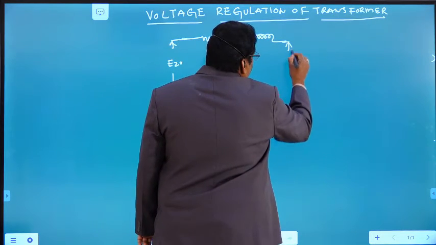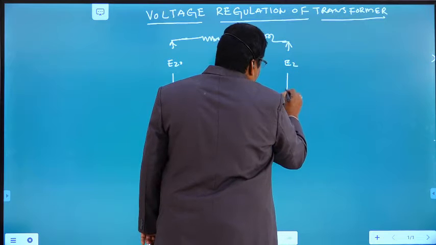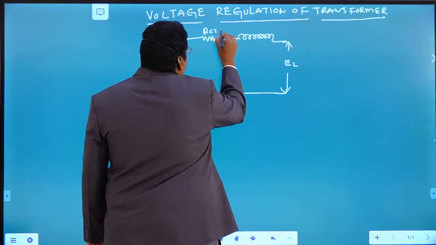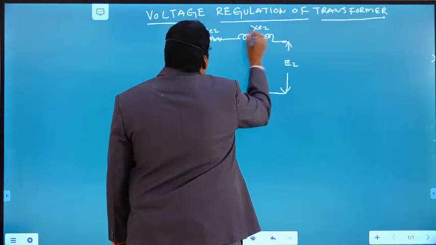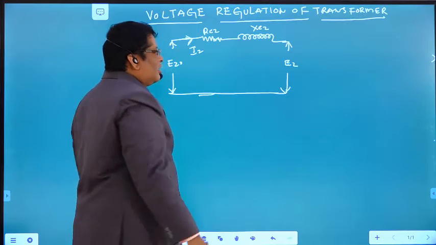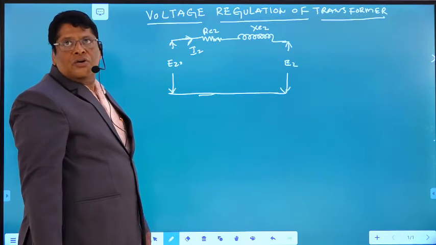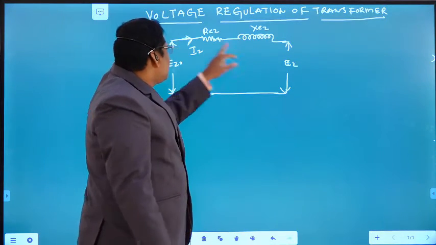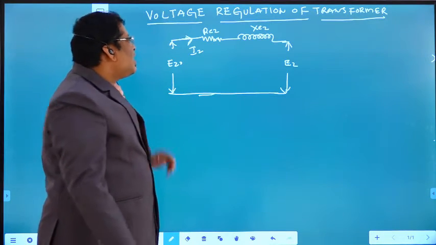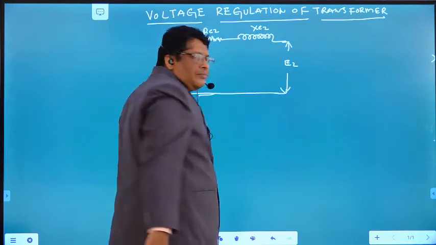This is E2, the full load voltage. This is RE2, this is XE2, and this current is I2. Now, the angle between E2 and I2 depends highly on the nature of the load we connect here.